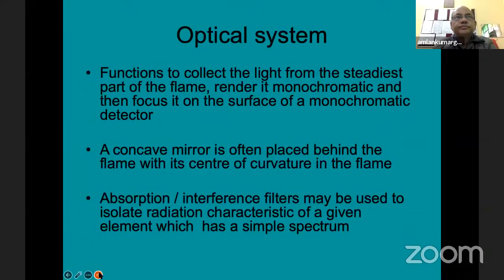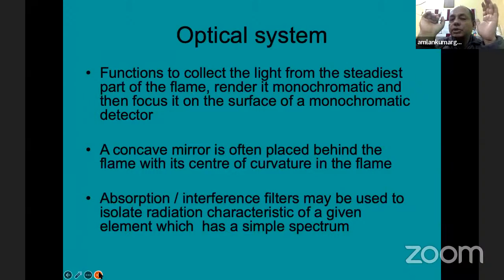So that is the heart of the instrument, which produces the small droplets, and it also helps in burning. So here is where the emission of radiation takes place. In the flame, the sample is oxidized, it goes to a higher energy state, comes back to the ground state, and emits radiation.